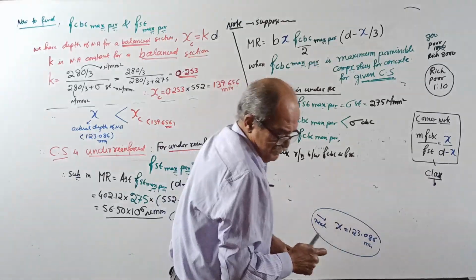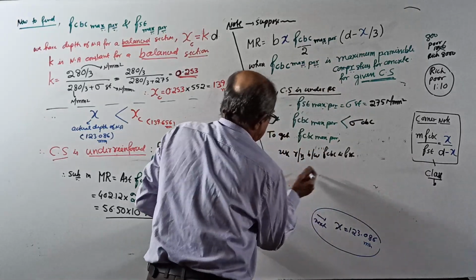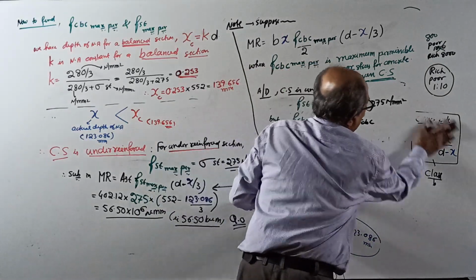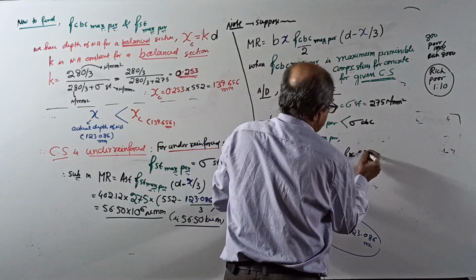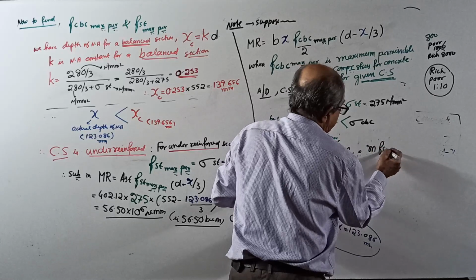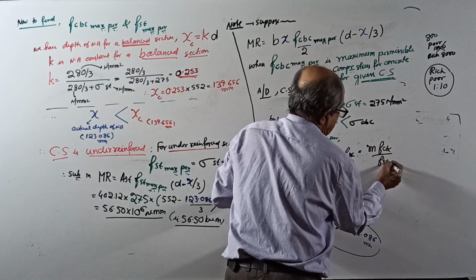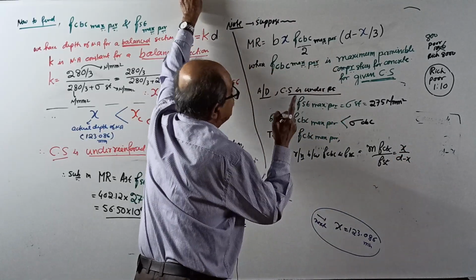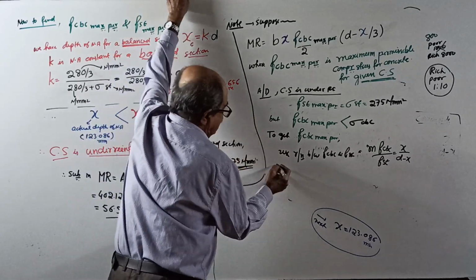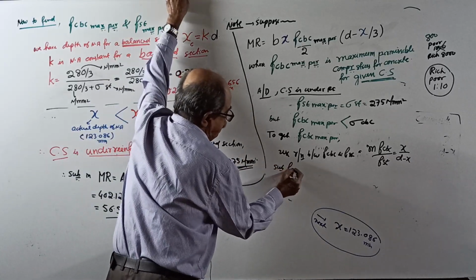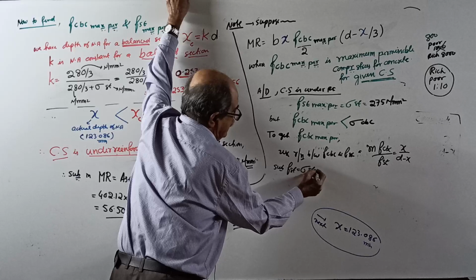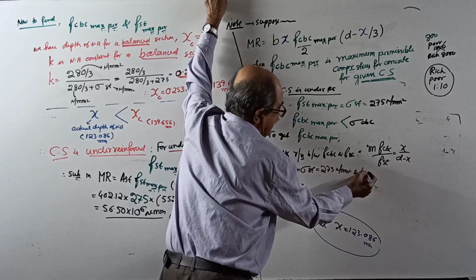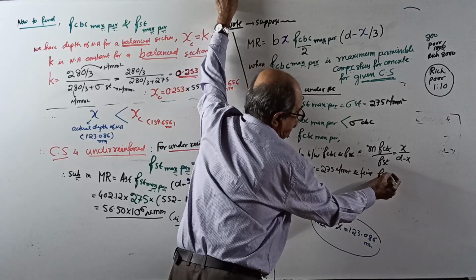That is FCBC divided by FST equal to X divided by D minus X. Allow the stress in steel to reach critical. Substitute FST equal to sigma ST equal to 275 Newton per mm square and find what is FCBC.